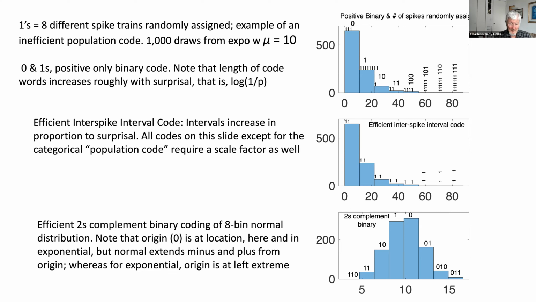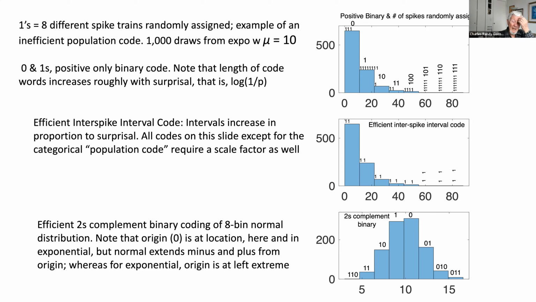Don't ask me to do that right now off the top of my head, but the number of bits is telling you how many different intervals it can discriminate. If it's 3 bits, it means that it's discriminating 8 different interspike intervals, basically.